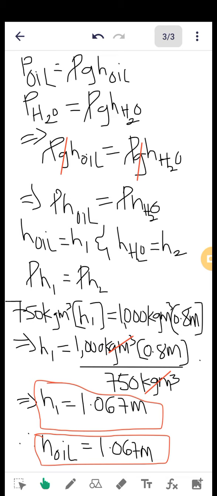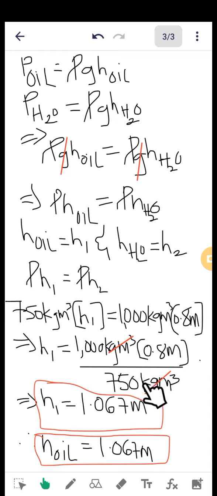So I can rewrite the whole of this as density times height H1 equals density times height H2. Upon making the substitution, we have to find the height of the oil, which is H1. We make H1 the subject, so we divide through by 750 kilogram per meter cube.